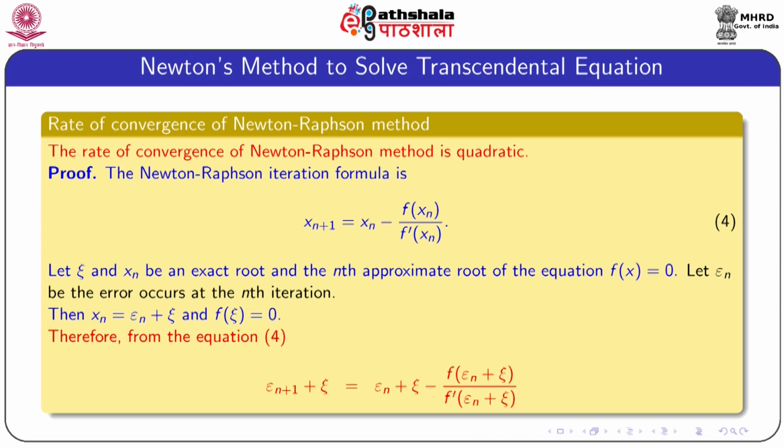Now from equation 4 we have epsilon(n+1) + xi, this is the value of x(n+1), equal to epsilon n + xi, this is the value of xn, minus f of (epsilon n + xi) by the derivative of f at (epsilon n + xi).